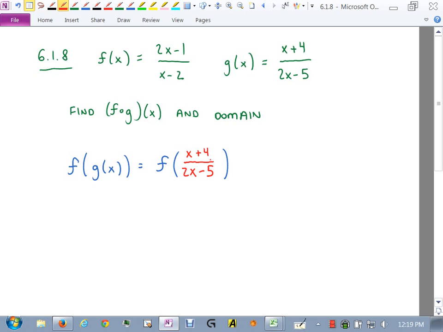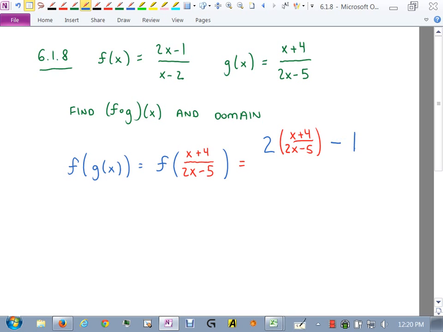Uh-oh. So then this gets fed into f, and it's going to replace every x that I see in f, meaning both of these. So no more f, it's going to become 2 times what? x plus 4 over 2x minus 5.